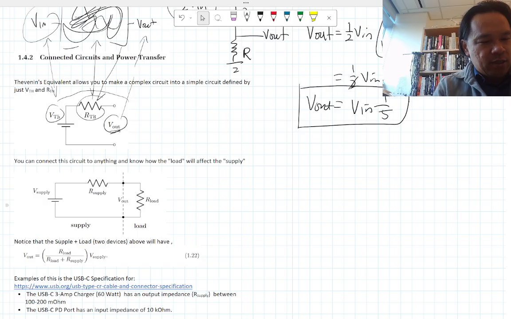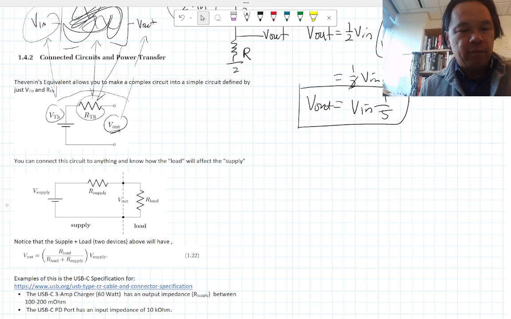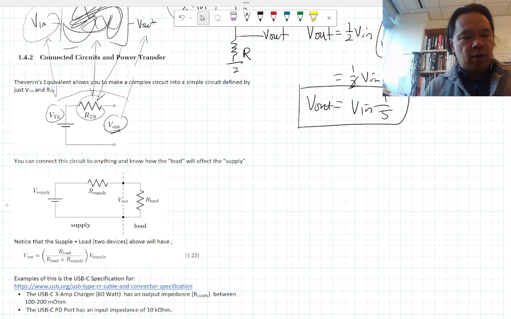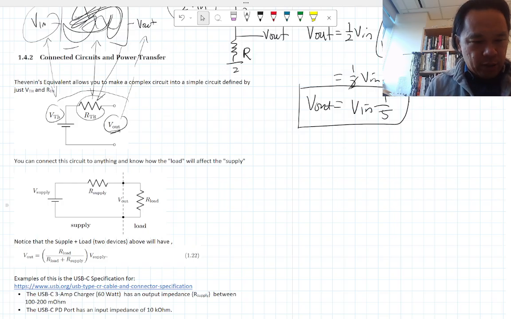This is actually an AC-DC converter, so it's a little more complicated. But the DC side will have some equivalent resistance on the output, and this is known as the output impedance of your circuit.